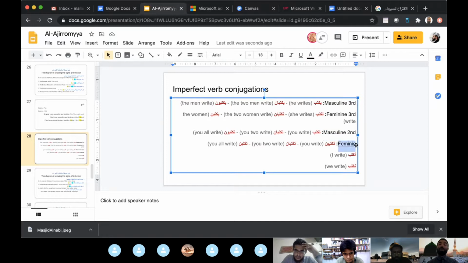And with the feminine second person, you say taktubina, and taktubina is actually for one female. You say you write. You're talking to her. And here, as you can see, the difference is you're adding a ya and a nun.